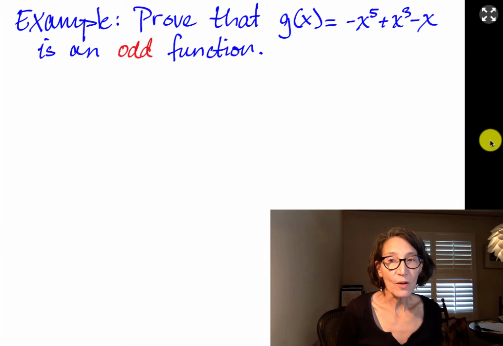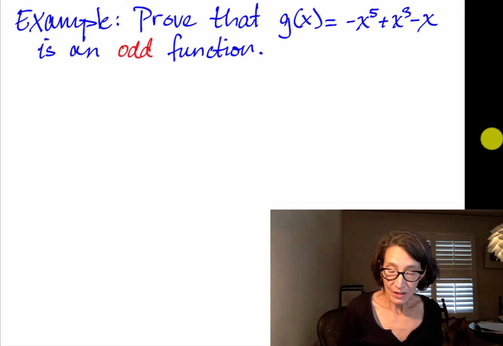In this example, we're going to prove that the function g of x equals negative x to the fifth plus x to the third minus x is an odd function. Just like when we proved that something was even, what we have to do is plug in the variable negative x.